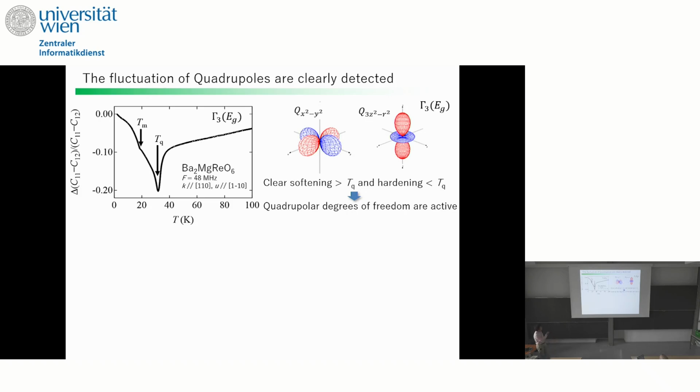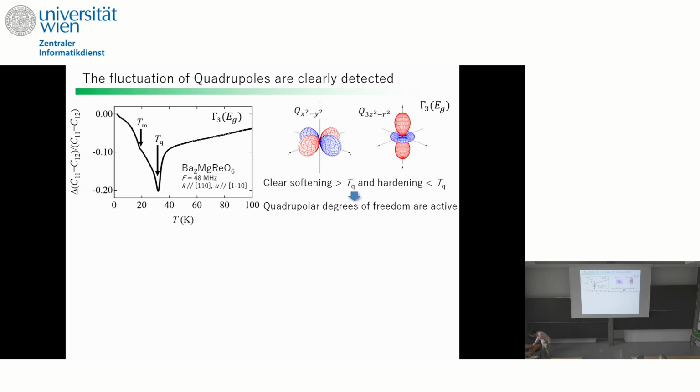Here I show the elastic constant coupled to gamma 3, I mean the detected quadrupole moment. This clearly shows softening toward TQ, and after that, it shows hardening. It clearly shows there is quadrupole order.